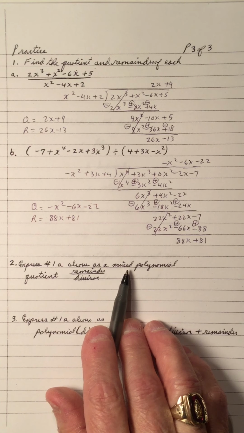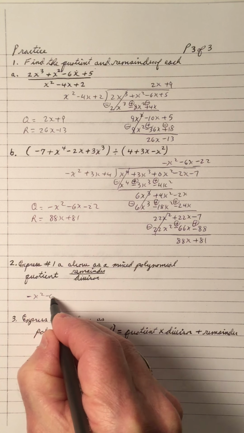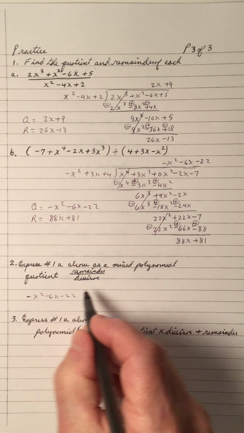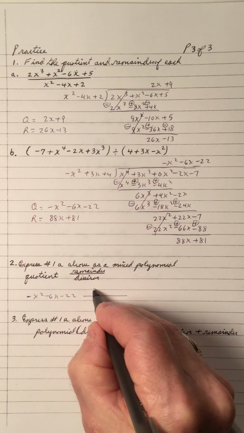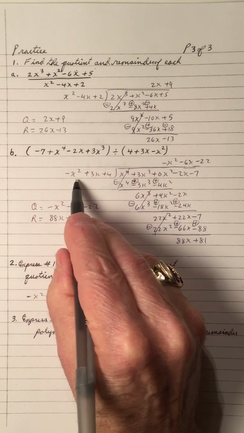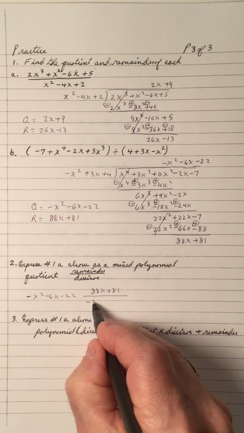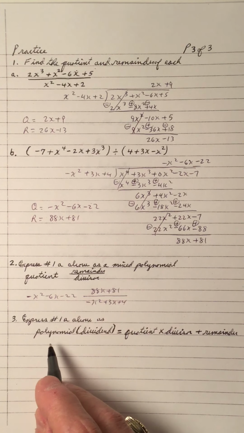Write it as a mixed number. So the quotient is right there. Negative x squared minus 6x minus 22. And it's over. My remainder is 88x plus 81, all over my divisor, which is negative x squared plus 3x plus 4.